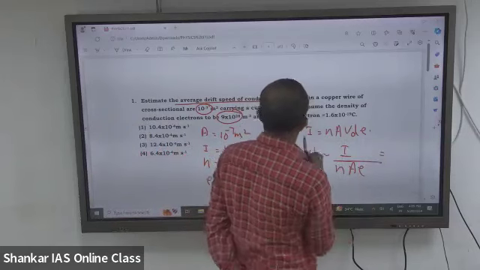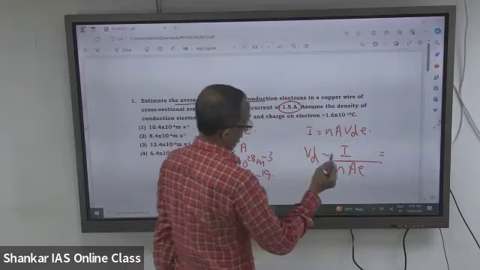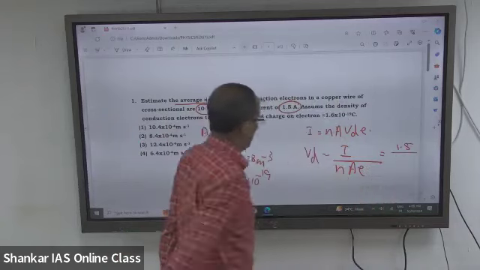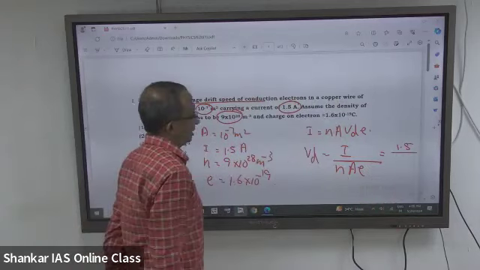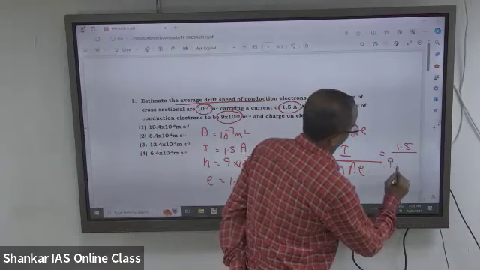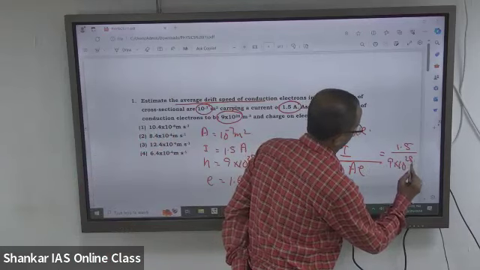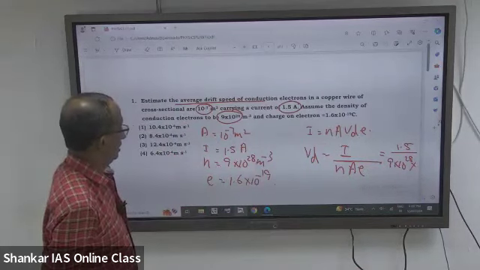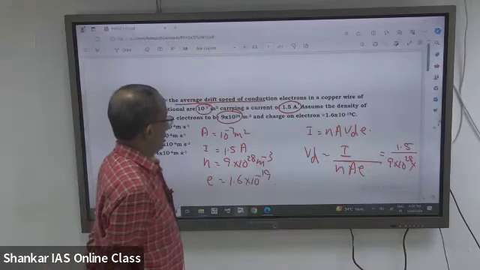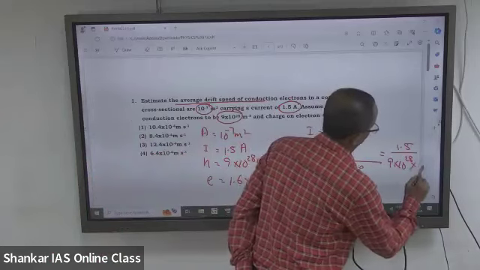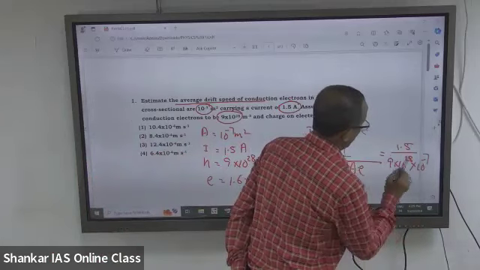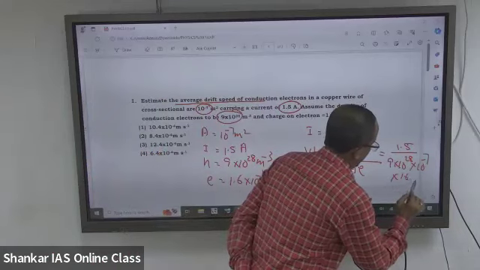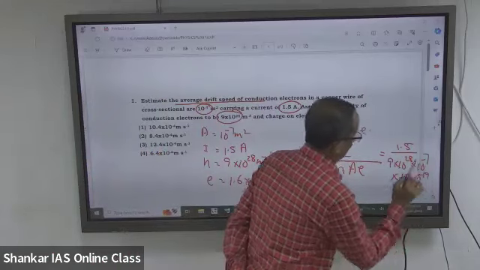Instead of I, we substitute 1.5, divided by n, which is 9 into 10 raised to 28, into A, which is 10 raised to minus 7, into the charge of electron, 1.6 into 10 raised to minus 19.